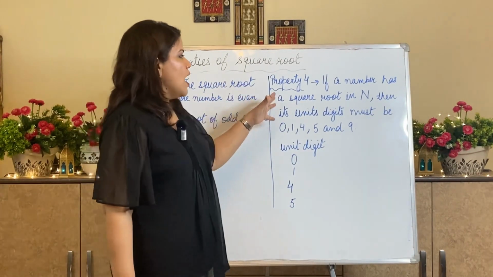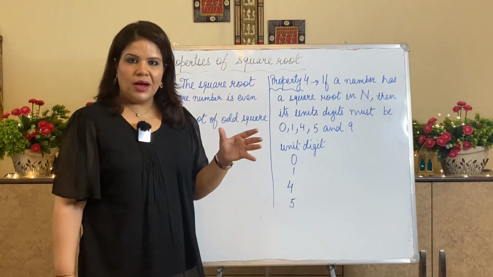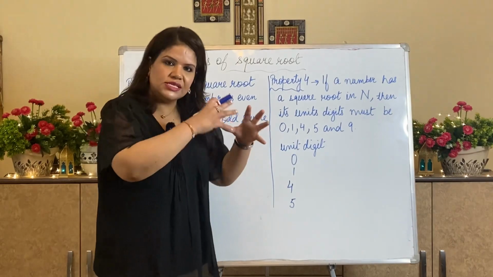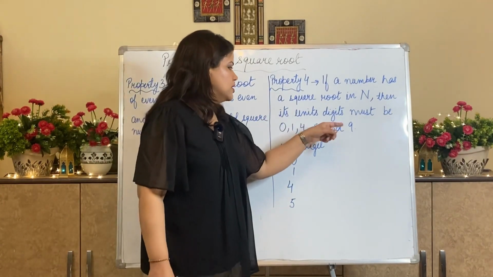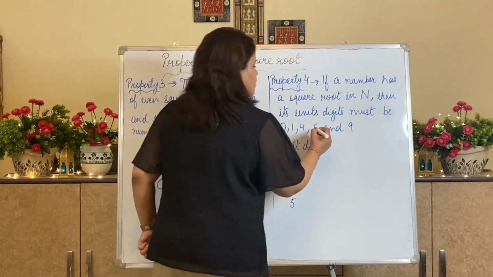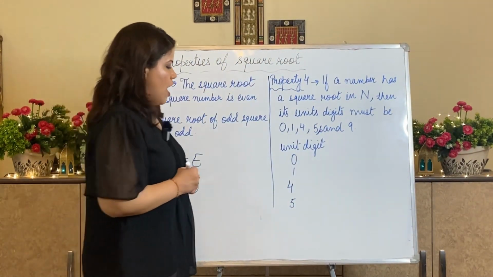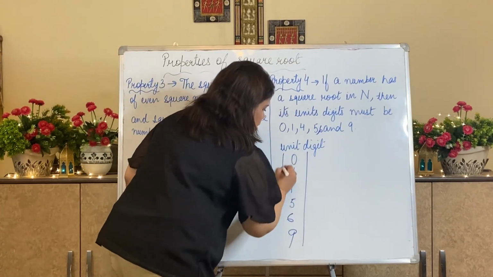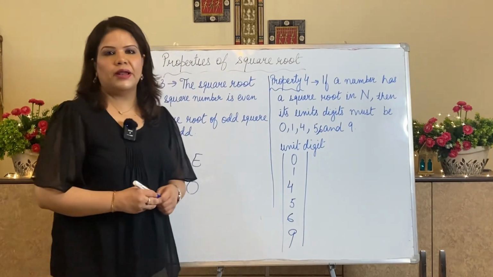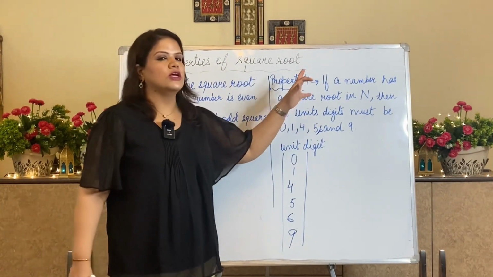If a number has a square root existing in N, then its unit digit must be 1, 4, 5, 6 or 9. If we have these digits in the unit place, then their square root is possible in the set of natural numbers.